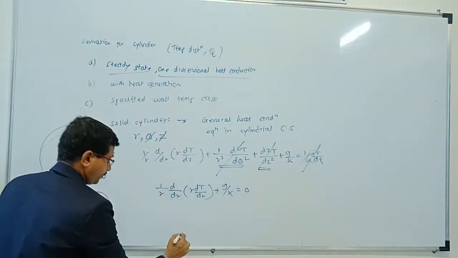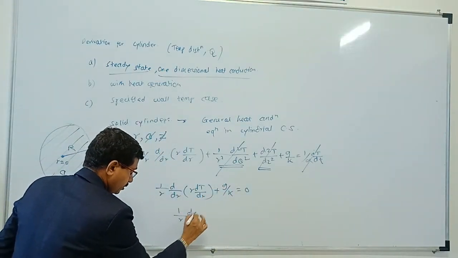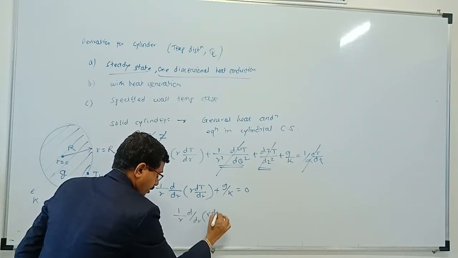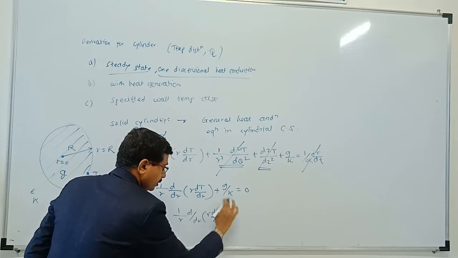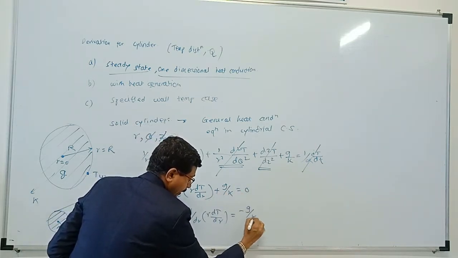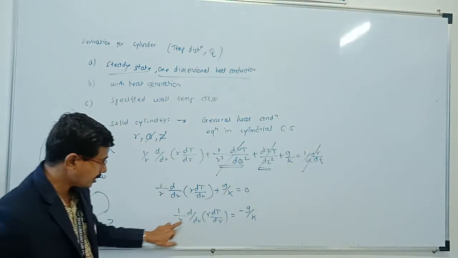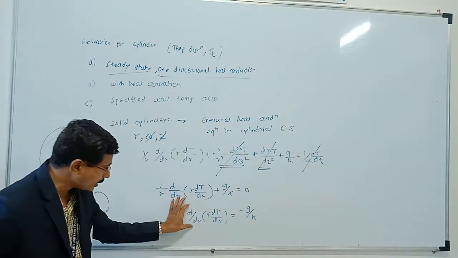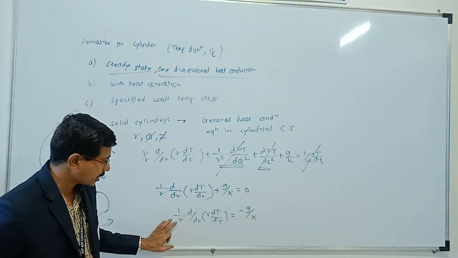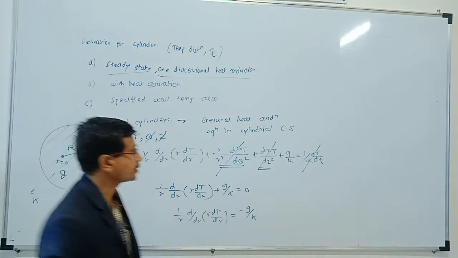Now reshuffle the terms: d by dr of r dT by dr, taking g by k to the other side, so plus becomes minus g by k. Now transfer this r, because I want to integrate this expression. For integration I want only the d by dr term on this side, so transfer this r to the other side.